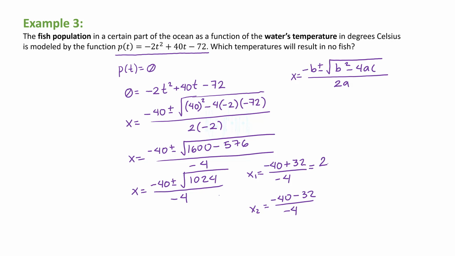And minus 40 minus 32 over minus 4 gives us 18. That means that we have two different temperatures that make the fish population disappear or become 0. The temperatures are 2 degrees Celsius and 18 degrees Celsius.